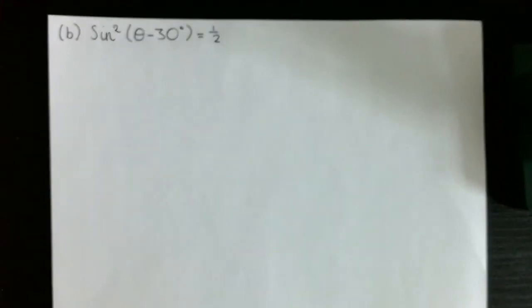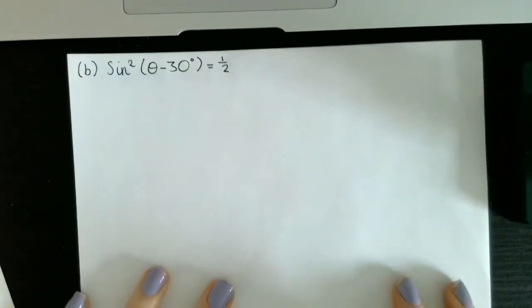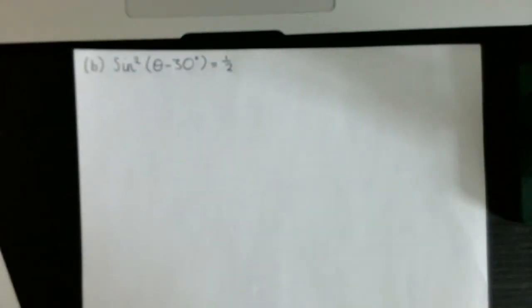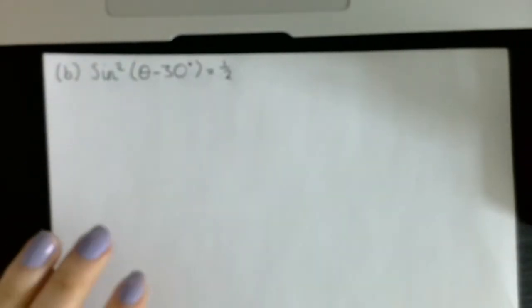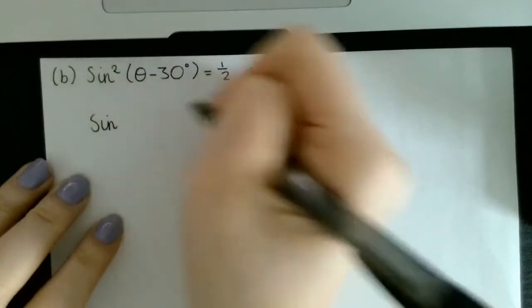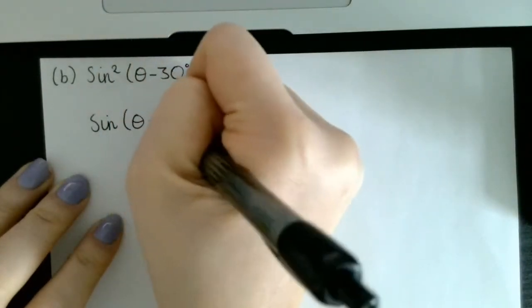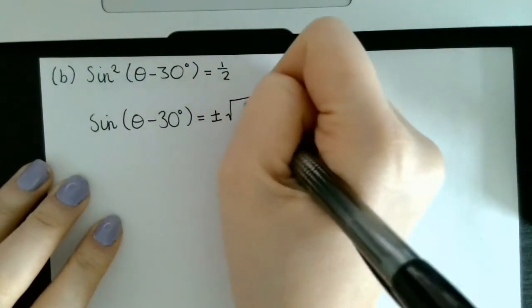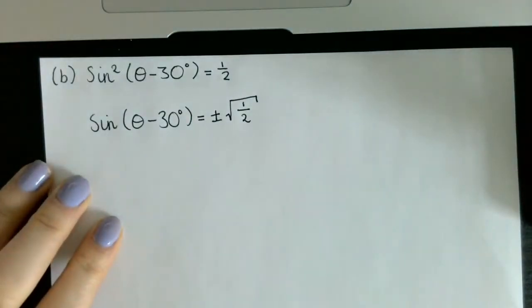Our second example is sine squared of theta minus 30 is equal to 1/2. So we're going to again start this process by solving this equation to get what theta is equal to. If sine squared of theta minus 30 is equal to 1/2, we know that sine of theta minus 30 is equal to plus or minus the square root of 1/2.